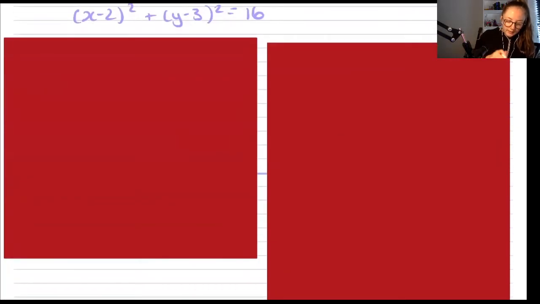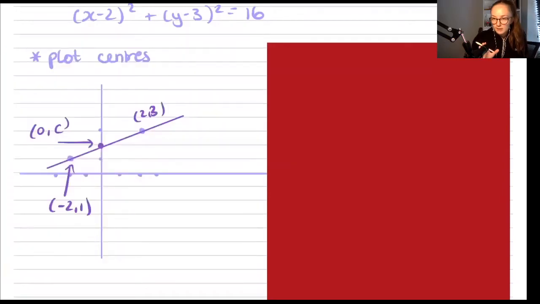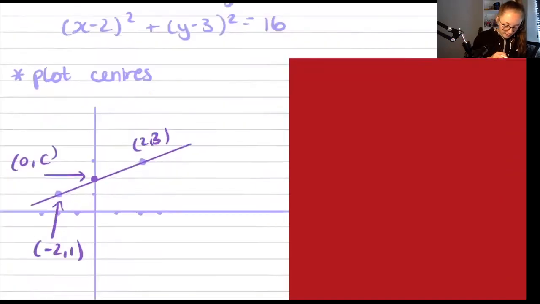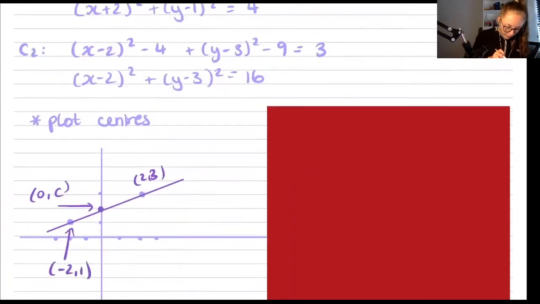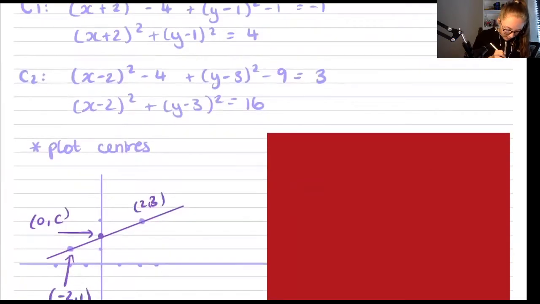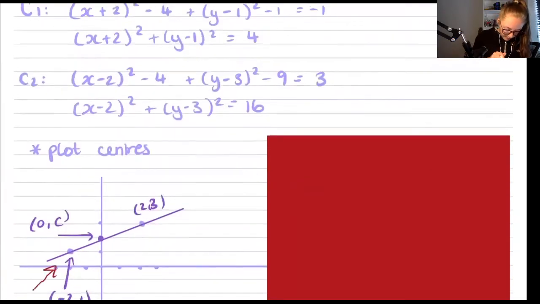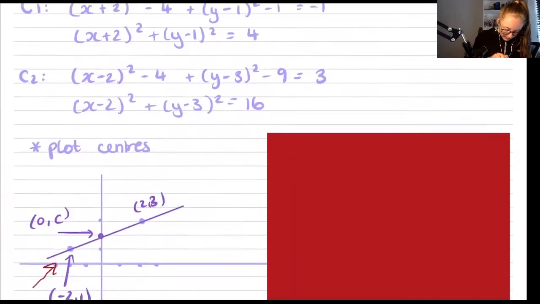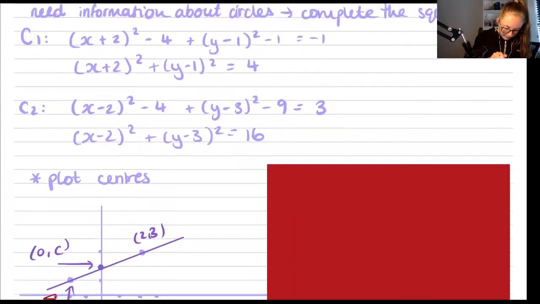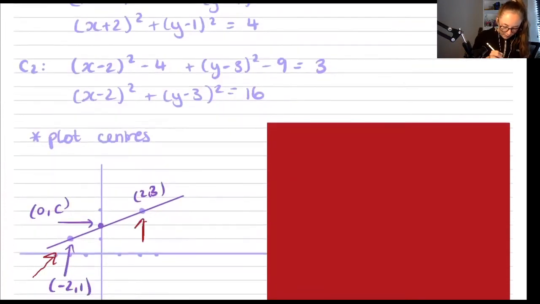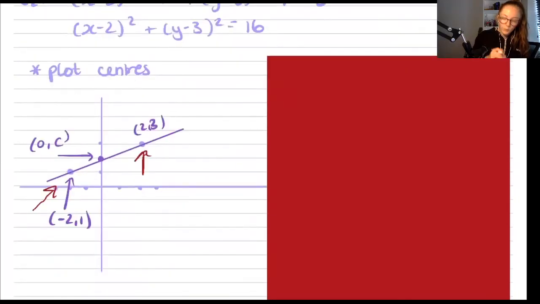So at this point, it would be useful to draw a plot of our points, but we're only really talking about the center of the circle. So I've not plotted the whole circles, I've just plotted their centers. So over here we have C1, and over here we have C2, or the center of C1 and the center of C2.